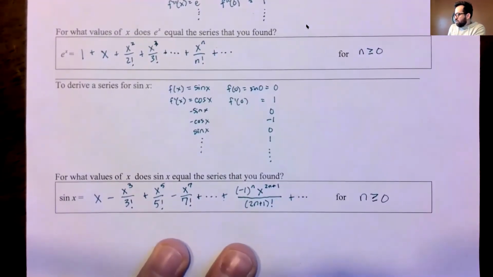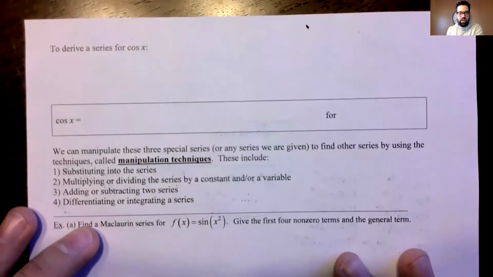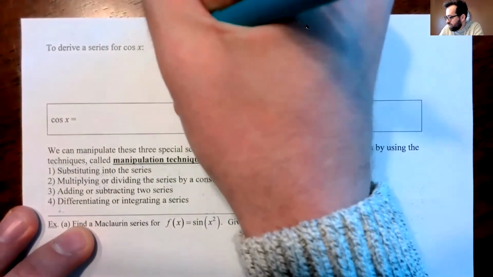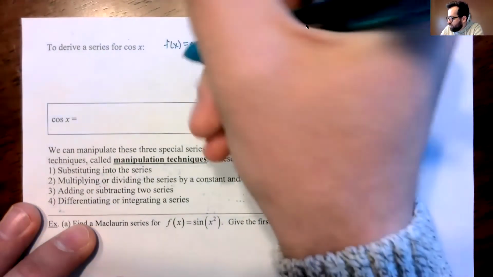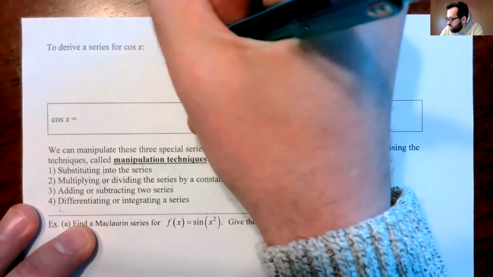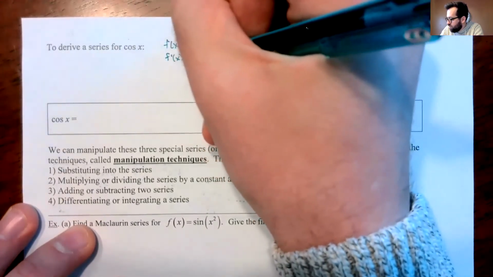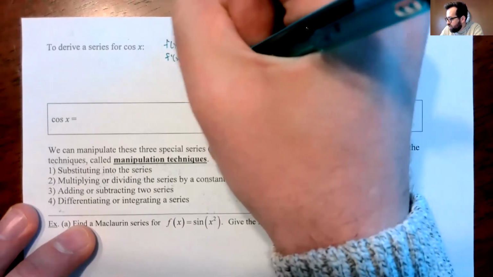Okay, cosine, which is the next one we're going to look at here, is actually what we graphed at the beginning of the lesson on Desmos, but we're going to derive it this time. So we have f of x equals cosine x, and then the first derivative is going to be negative sine, and so on. So it's going to become negative cosine, and then sine, and then cosine, and so on.